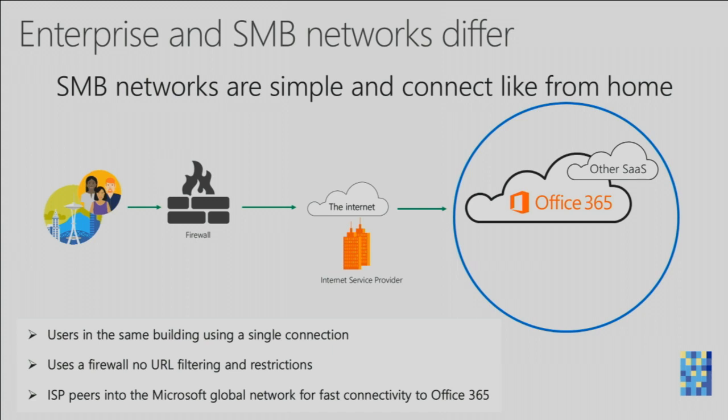Typically what you see is a Wi-Fi router, maybe a firewall, hopefully a firewall, and then an ISP connection onto the internet, and that's all you've got. And you're going to get really quickly onto Microsoft's network, which is one of the largest networks in the world, covers a large number of countries around the world, and connectivity and performance on that network is as good as we can make it. So for small businesses, users in the same building, this is pretty straightforward.